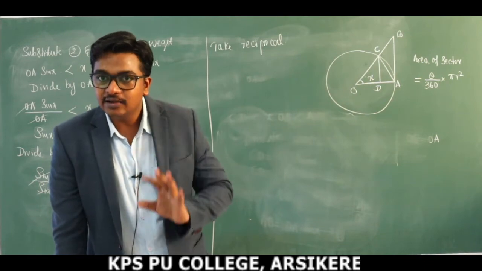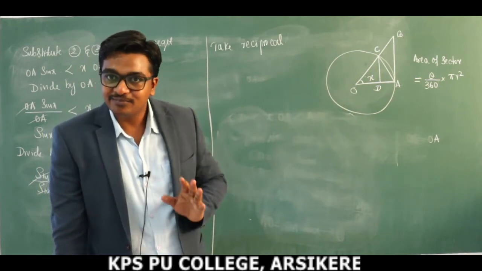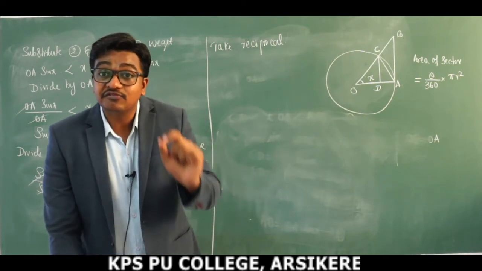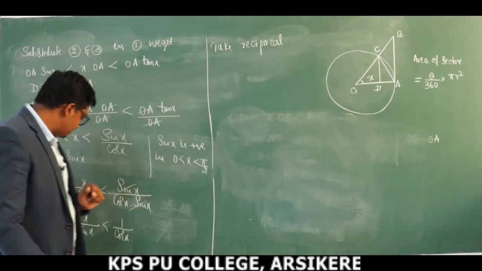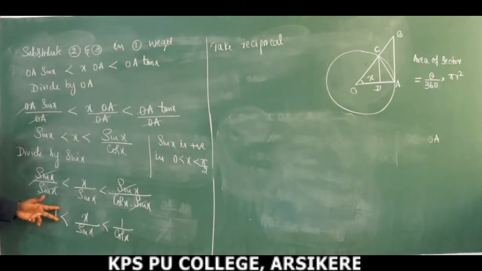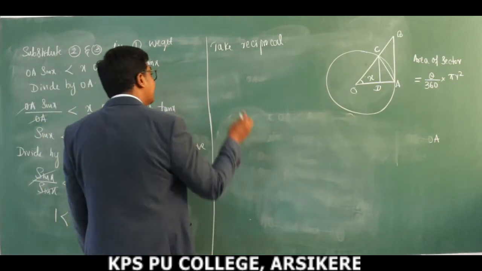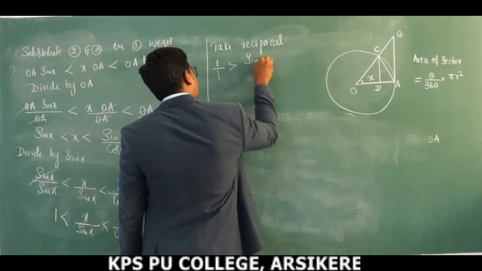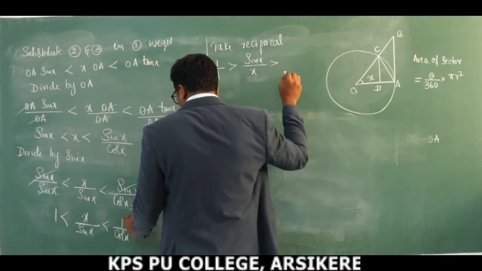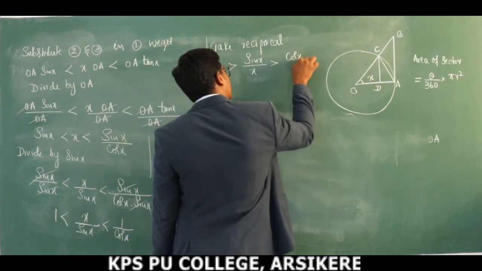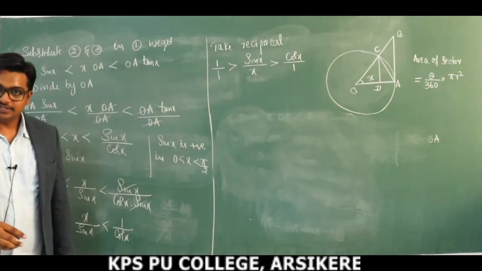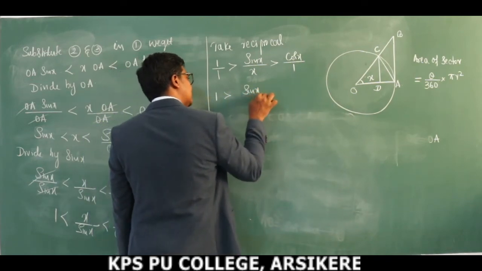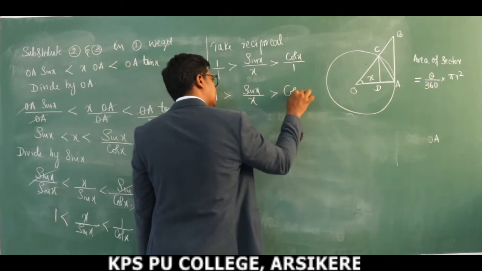Whenever both a and b are positive and a is less than b, if you take the reciprocal, the sign of inequality is reversed. Similarly here also, if I take the reciprocal of this inequality, the sign of inequality is reversed. 1 divided by 1 becomes 1, that is greater than sin x divided by x, that is greater than cos x, since 1 by cos x has cos x going to the numerator.